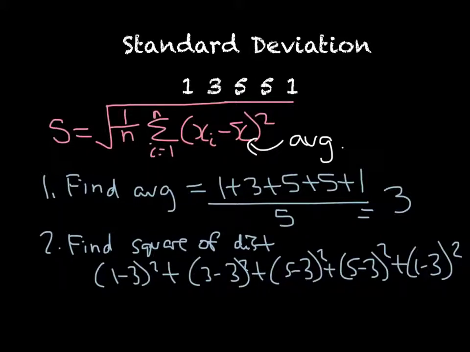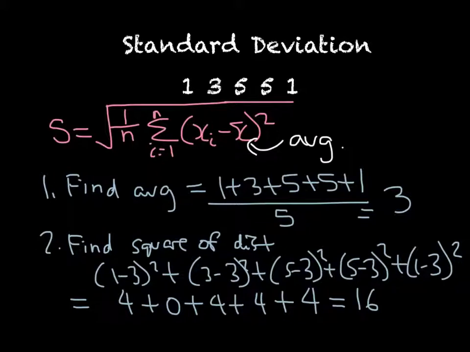Now we can calculate this out. That would be a negative 2 squared, or 4, plus 0 plus 4 plus 4 plus another 4, or just 16. The next step is to divide by the number of numbers.